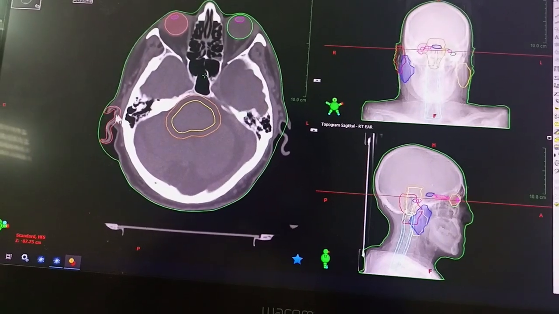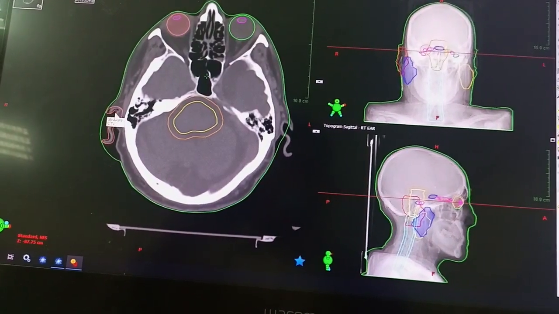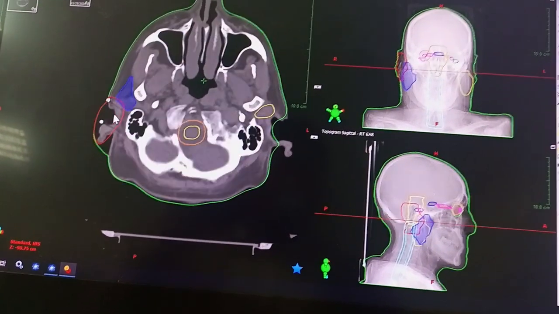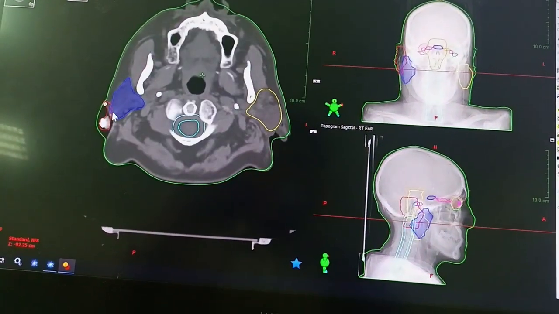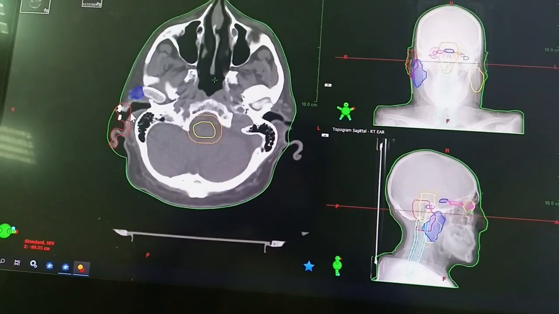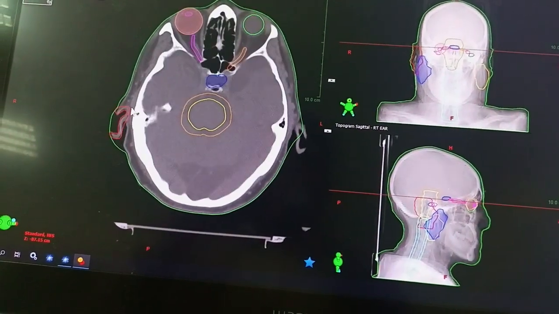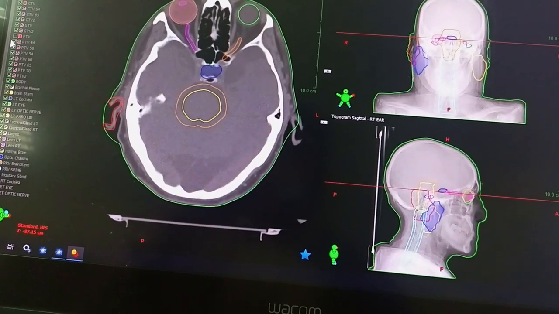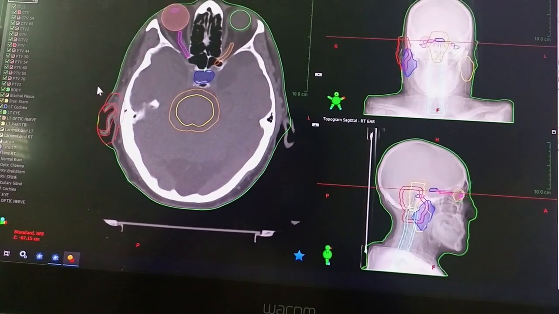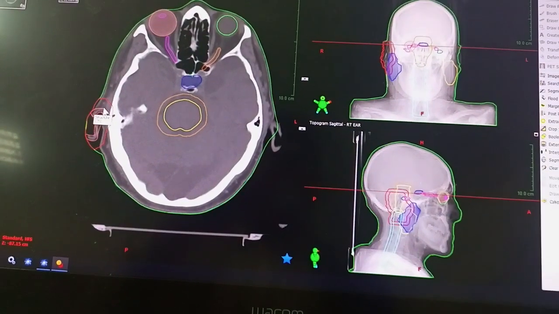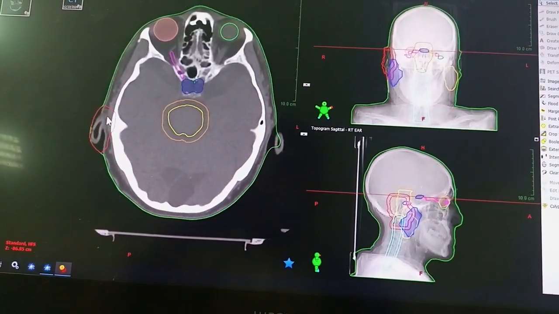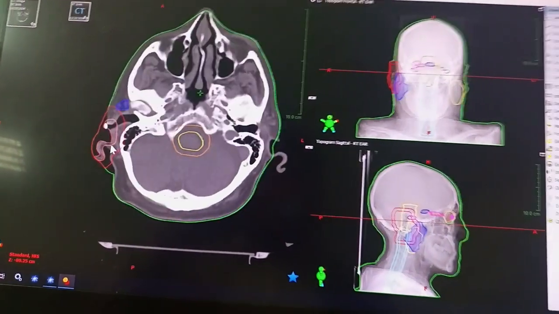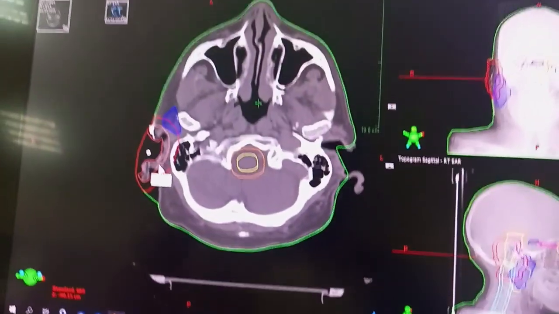So this is the clinical target volume involving the right ear and the surgical cavity of the right ear, and then we give it a margin of 0.7 centimeter for making the planning target volume. This is the planning target volume of the basal cell carcinoma of the right ear.